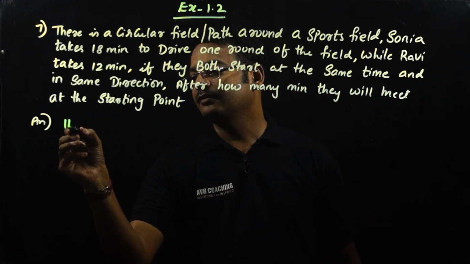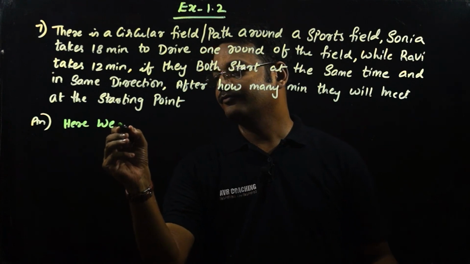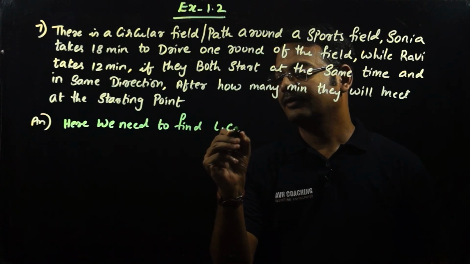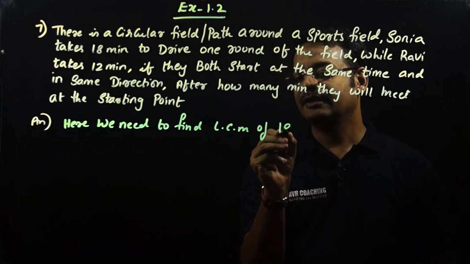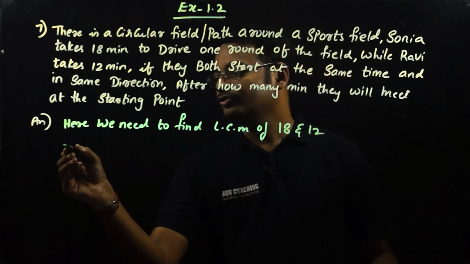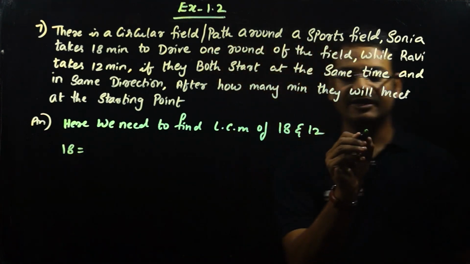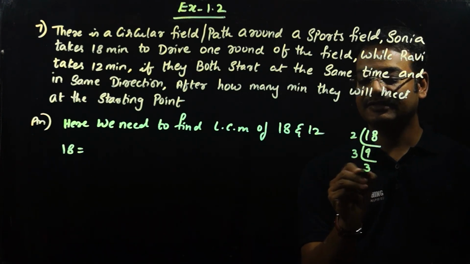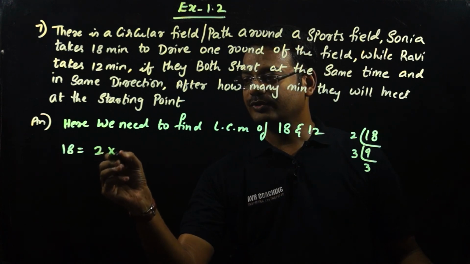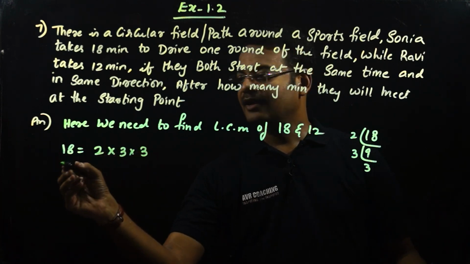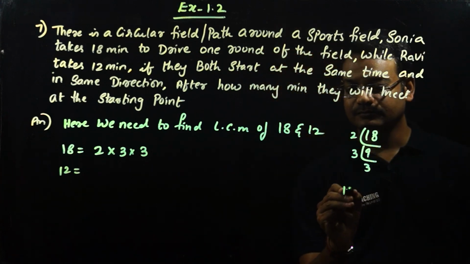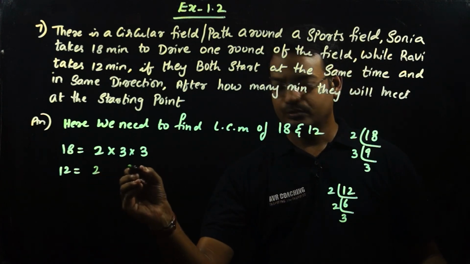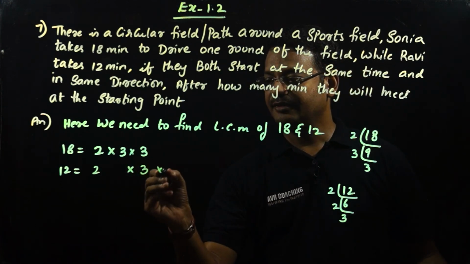So here we need to find the LCM of 18 and 12. 18 can be written as 2 into 3 into 3, and 12 can be written as 2 into 3 into 2.